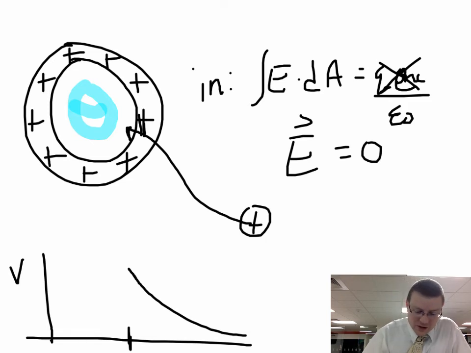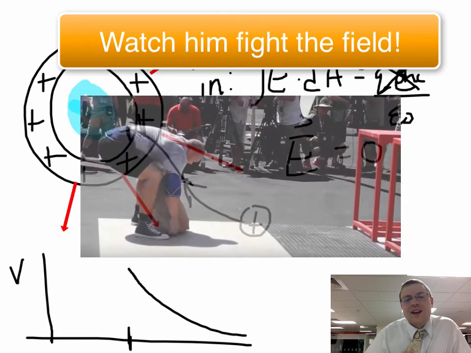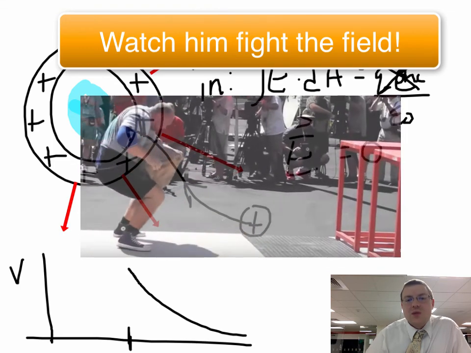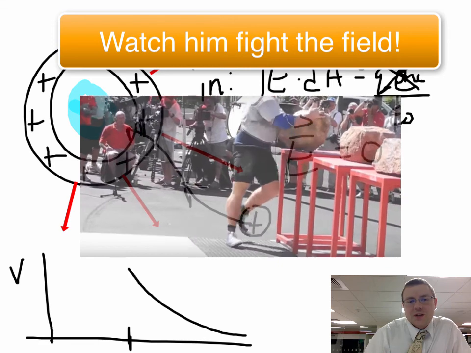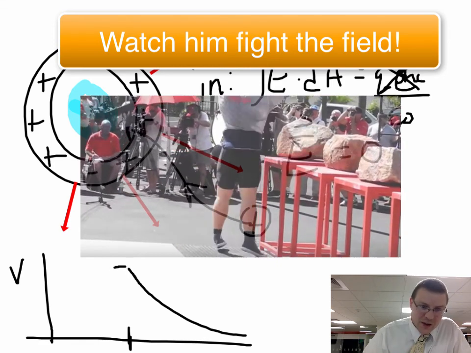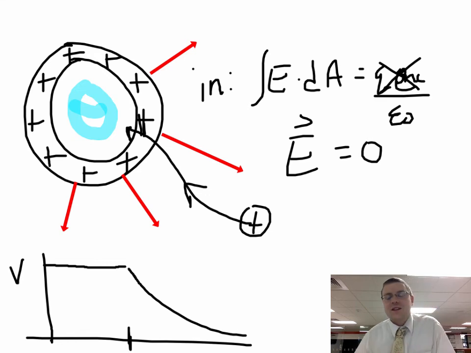But when I was outside the shell, there definitely was electric field, and the electric field was trying to resist me, so you fought the field the entire way into the shell. But once you're inside the shell, you remain at the voltage of the surface. You kind of hit a plateau, and your voltage is nice and constant on the inside.